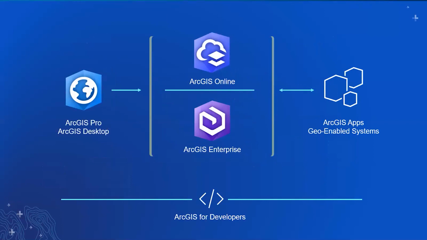And then finally, there's ArcGIS for developers. And that allows users to do custom development across the entire ESRI platform. There have been a series of webinars given and upcoming about ArcGIS for developers, and I'll share more information about those webinars at the end of my presentation if you're interested and want to learn more.